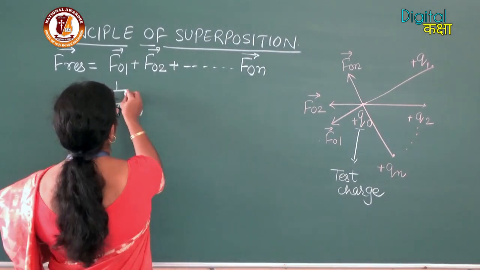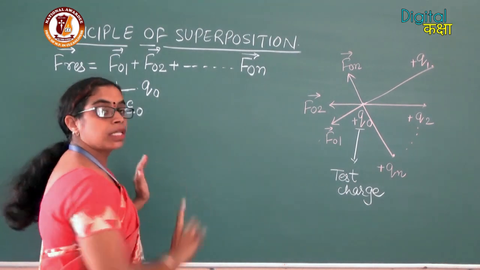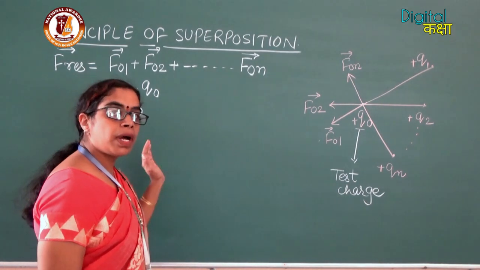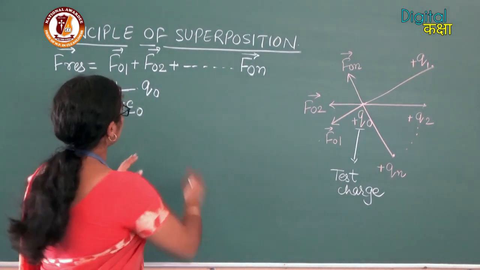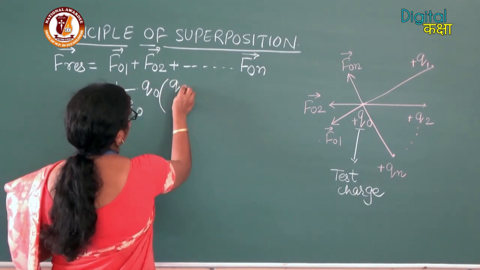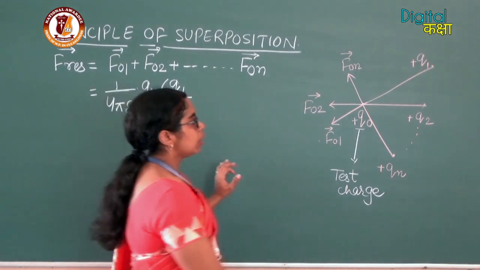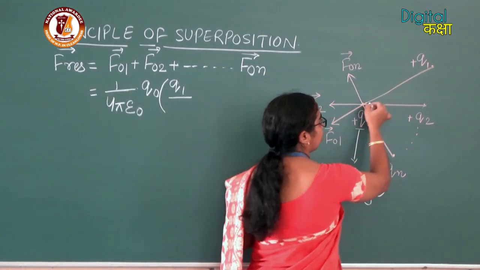So here I am taking the Q0 charge outside the bracket. Apart from that, in vector form, I am left with Q1 upon the distance between Q1 and Q0.